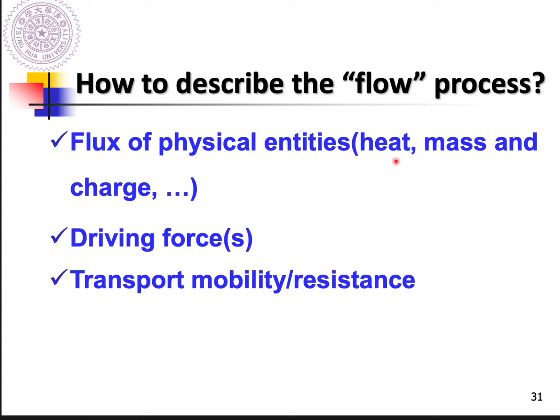Probably it can be heat flux, mass flux, or charge flux. The unit for the flux is number per area per time period. For mass, for example diffusion in materials, the atomic flux will be the number of diffusing atoms going through the unit area and unit time period.